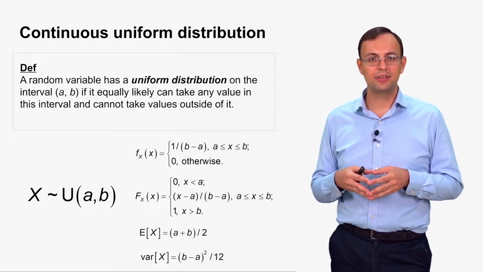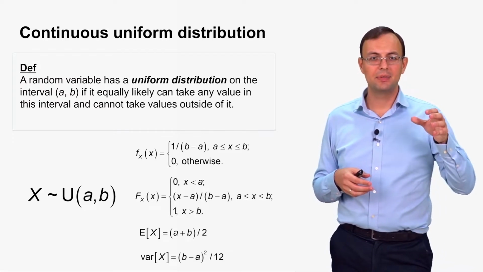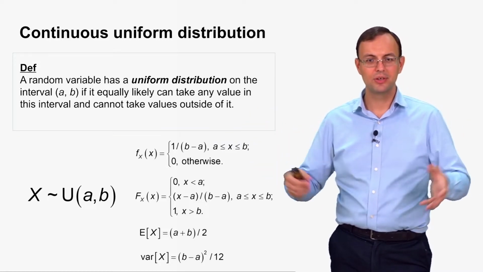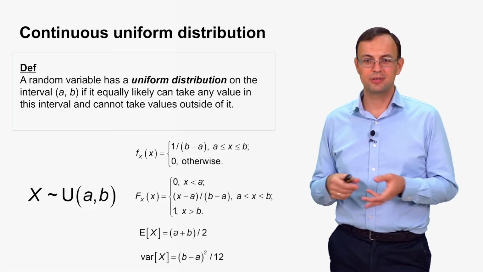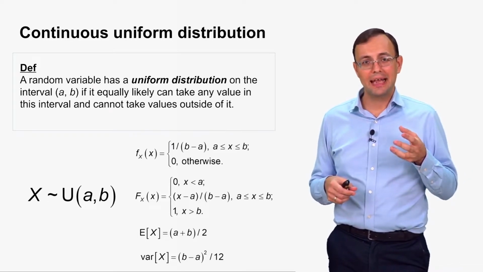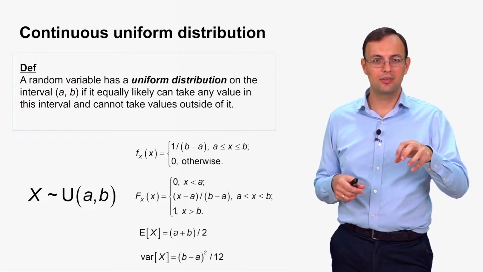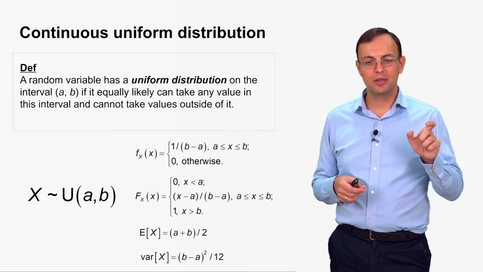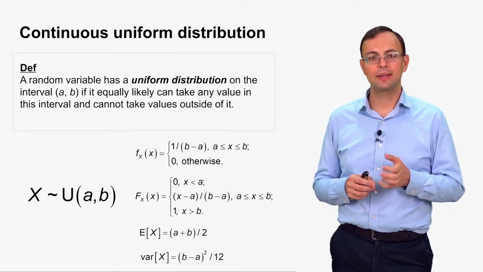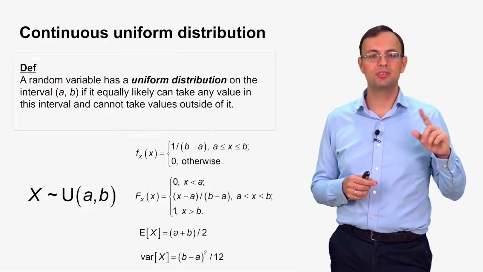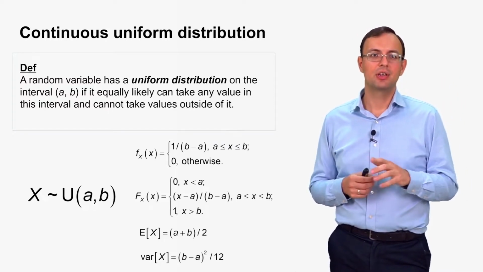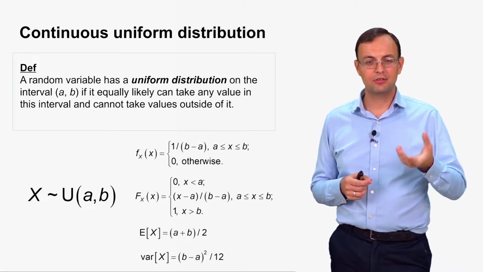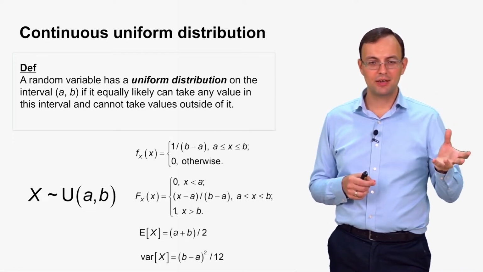Another application is rounding errors. If you are measuring something with some measuring tool, length or height or any physical value, and then you are rounding the results of your measurements, let's say to an integer number, the rounding error is also a uniformly distributed random variable, because this error can take values from -1/2 to +1/2.